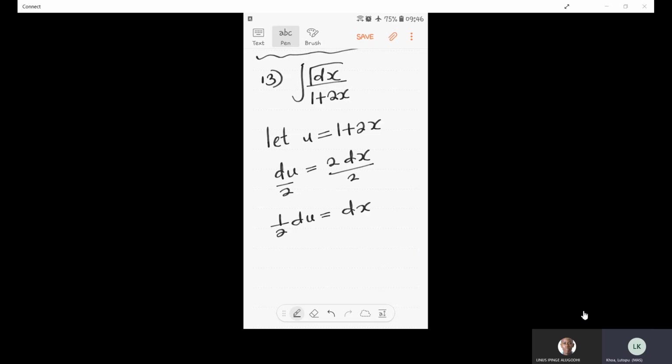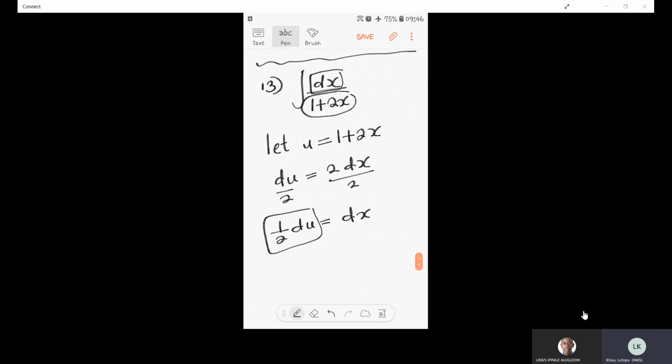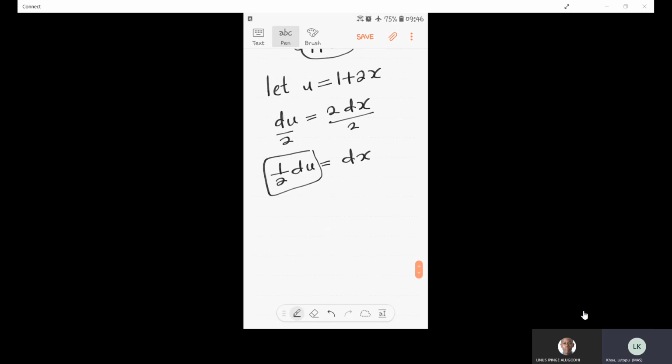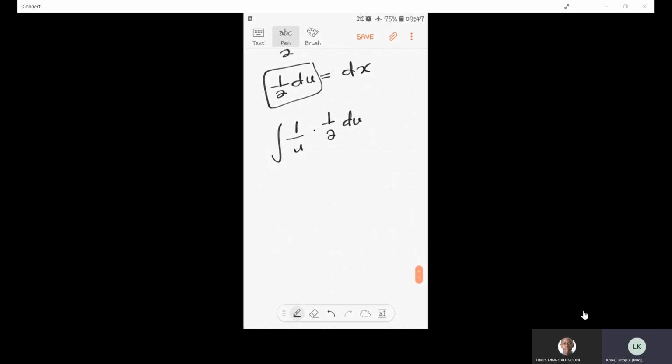So I will replace the dx with half du, and this 1 plus 2x, I'll replace it with u. So what I have here is the integral of 1 over u multiplied by half du. Okay, so this, the half can go outside.